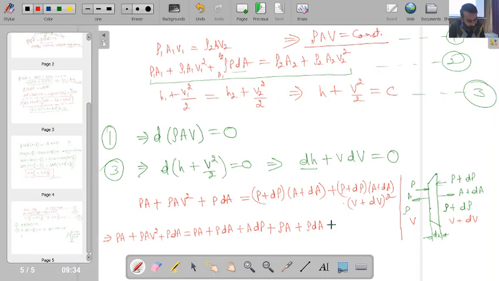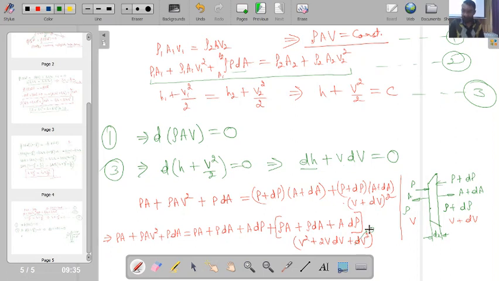Then rho A, rho dA, what else? A d rho, then d rho dA I will be once again making equal to 0. Okay. So these three quantities which I have written now in square bracket, these will further get multiplied with V plus dV whole square. So that is V square plus 2V dV plus dV square. dV square due to its small magnitude once again I can actually neglect.